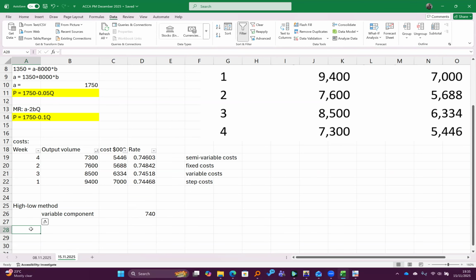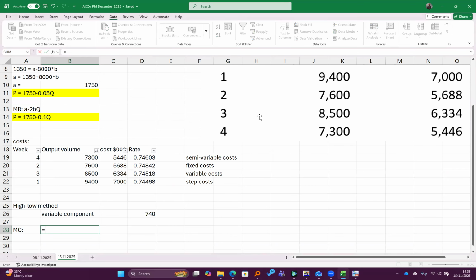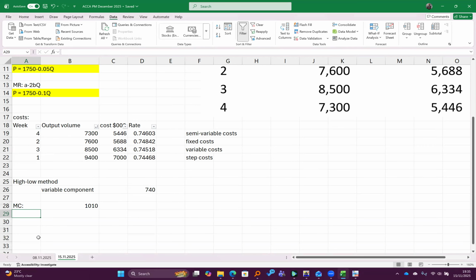Therefore, you can get our marginal cost. It will be this 270 plus the 740. So that becomes our marginal cost. Now for maximization, marginal revenue is equal to marginal cost.